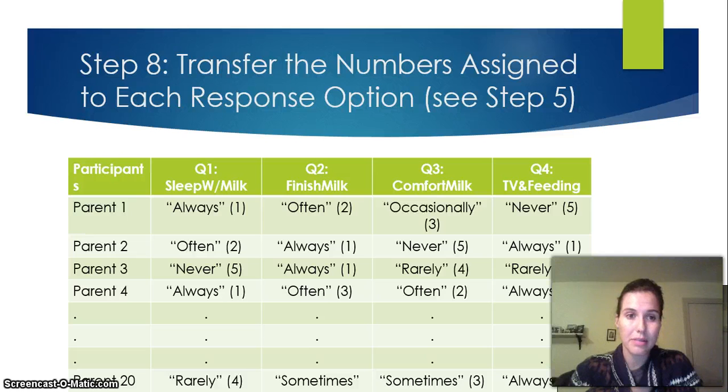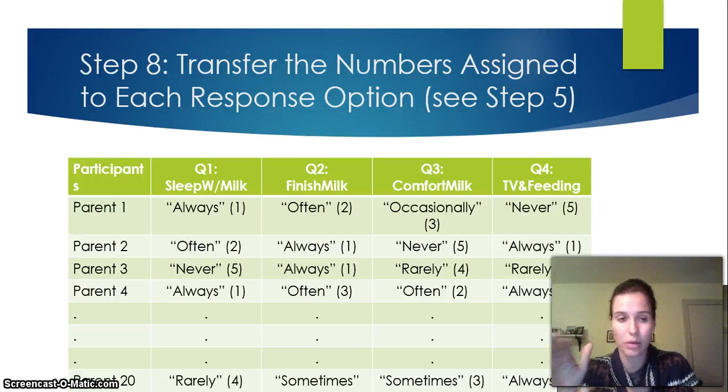The next step is very easy. Remember, I asked you to assign numbers to each response option. Just number them through, always is 1, often is 2, occasionally is 3, rarely is 4, never is 5, and just in parentheses, you put in this number.